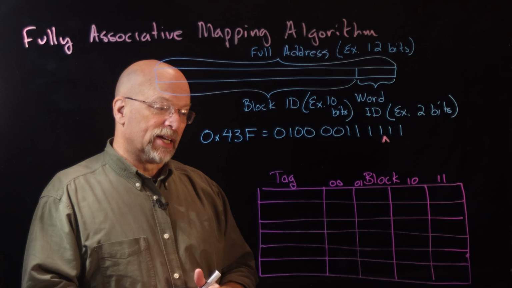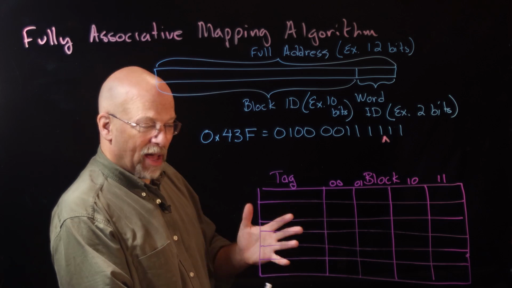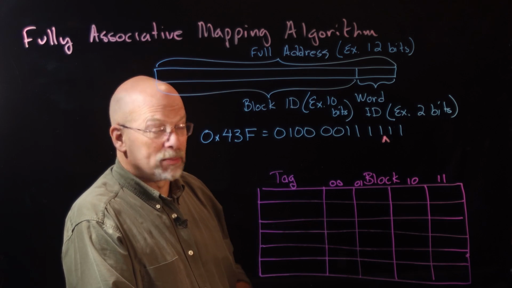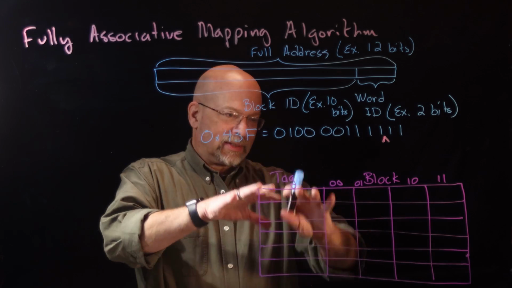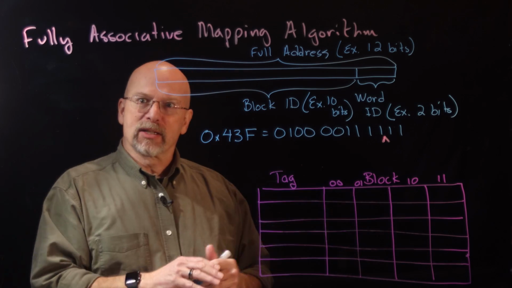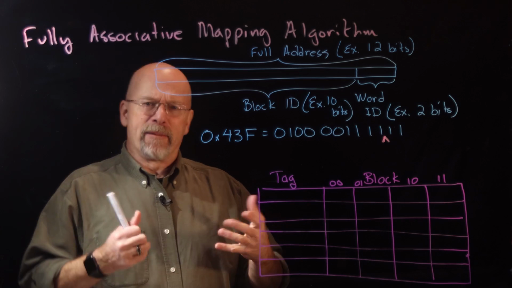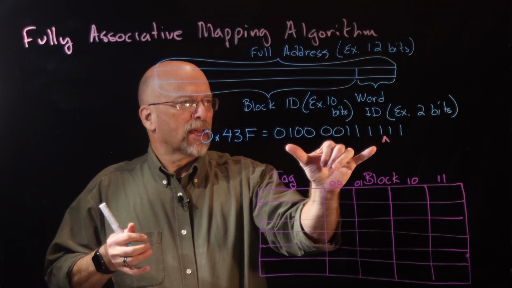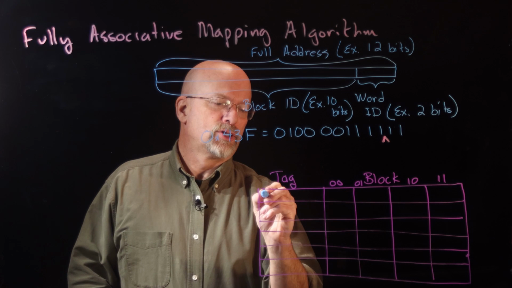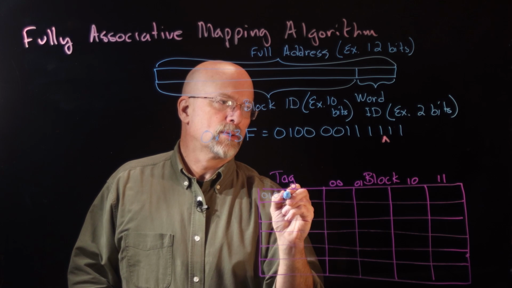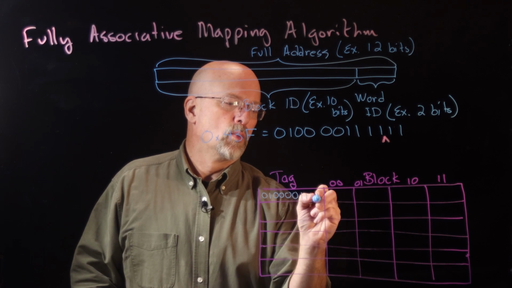Now, we go to the cache. When we first fire things up, there's nothing in the cache. The cache is empty, so we've got to start filling it. So we go out, it's not in the cache, so we have to go out to memory. Now, main memory comes back and says, yeah, here are the 4 elements that are in that block. So we take the 0100001111.